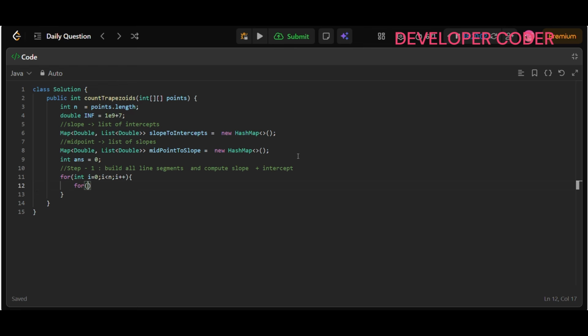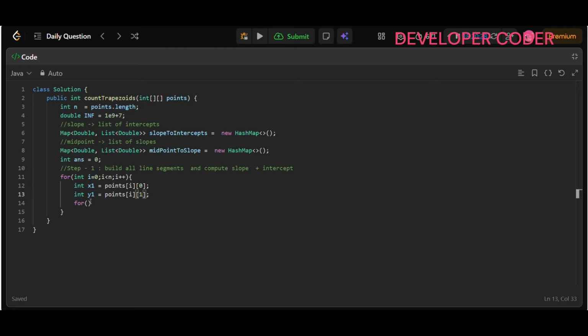Let's first create x1. I have to select the points, right? So x1 is nothing but points at i comma 0, and the same way, copy this, this is your y1, points of i and 1. This is done.